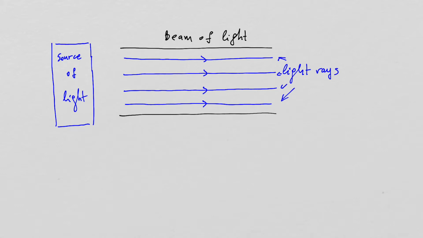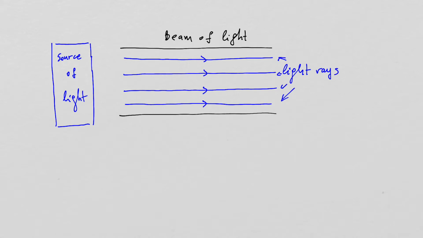So when we are talking about the light that is emitted by a source that illuminates an object, and we are talking about the image created by that light source and the object, I'm going to discuss the paths that the light rays in a beam take. So in this sense, I can even discuss the paths of individual light rays, and assume that that is the behavior of all light rays in that particular light beam.